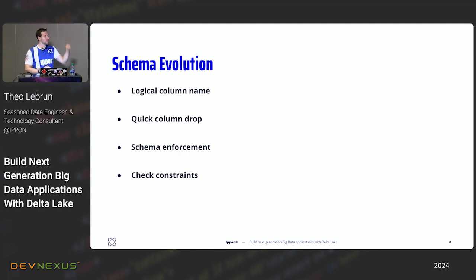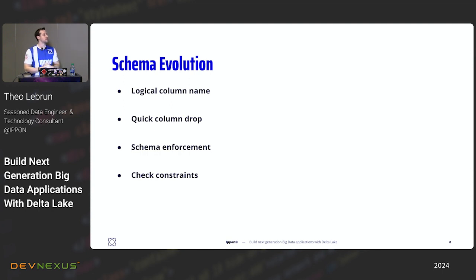And then you can also do, if you want, schema enforcement. So for example, when you have a table and you add a new column, Delta Lake can be like, hey, you're not going to be able to do that because the schema from your source is different than the schema from your destination. So no schema evolution. It's basically to control if you don't want to evolve the schema.